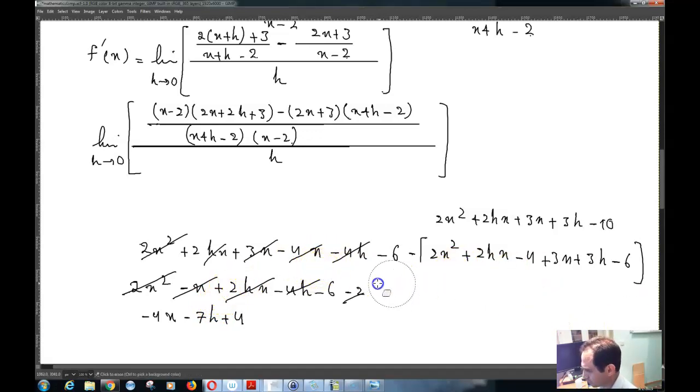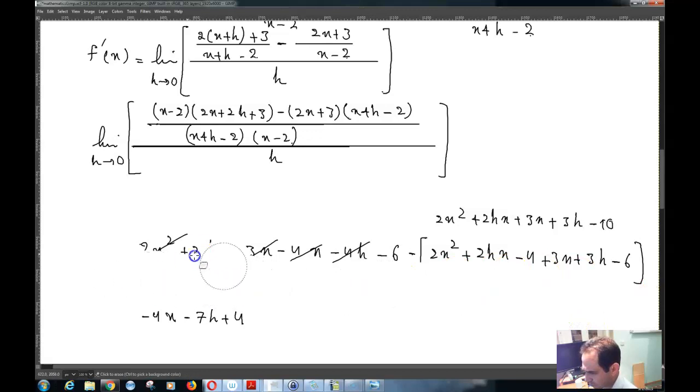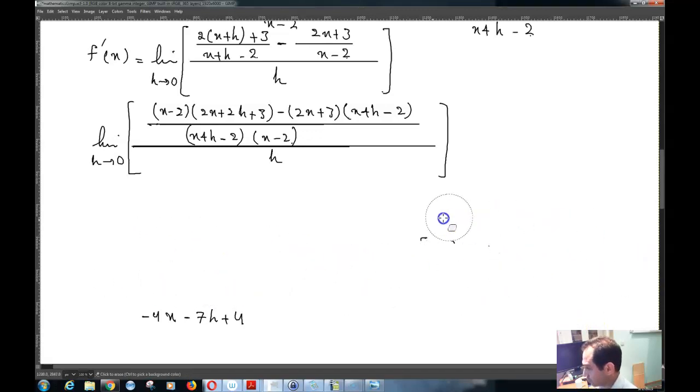How do I simplify this thing now? This is equal to negative 4x if I'm not wrong.